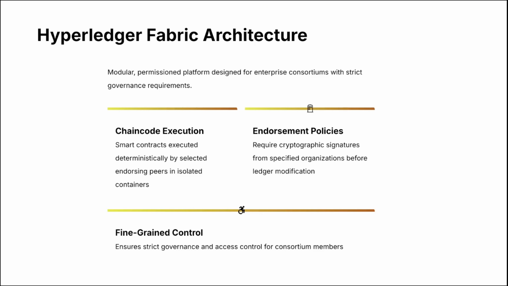Fabric also uses endorsement policies, which define who must sign off on a transaction before it's added to the ledger. These policies require cryptographic signatures from specified participants, giving fine-grained control over who can validate and approve ledger changes. Overall, Fabric is designed to support strict governance, confidentiality, and compliance, making it well-suited for regulated industries like supply chain, healthcare, and finance.